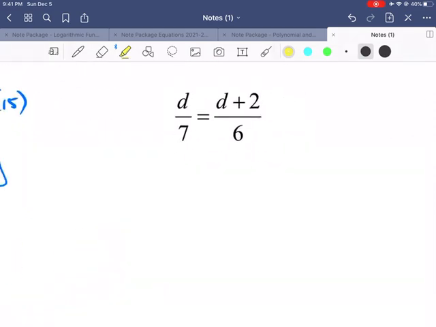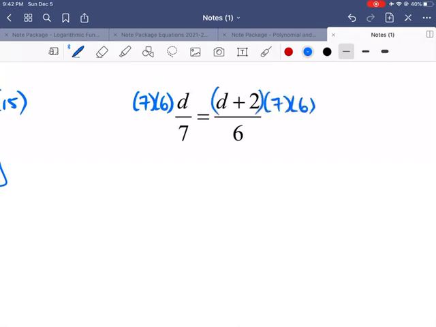All right, this one's a little bit trickier. We have variables on both sides, and we have two different denominators. So, like in our linear equations unit, let's multiply by the unique denominators here. We're getting 7 and 6. We're going to multiply both sides by 7 and by 6.